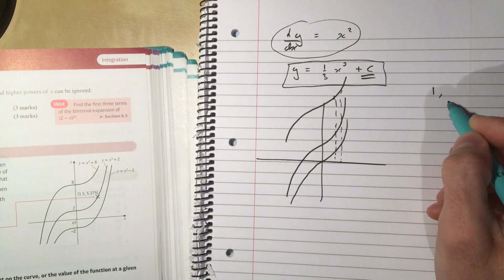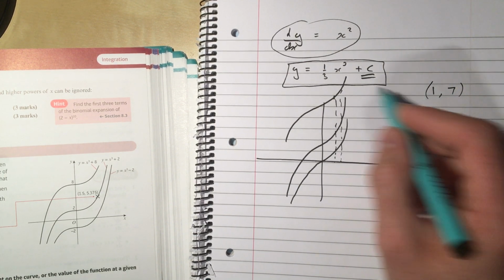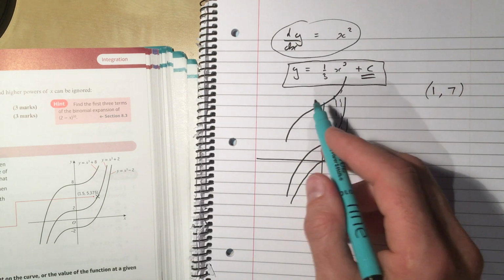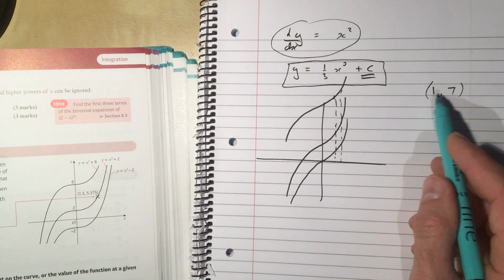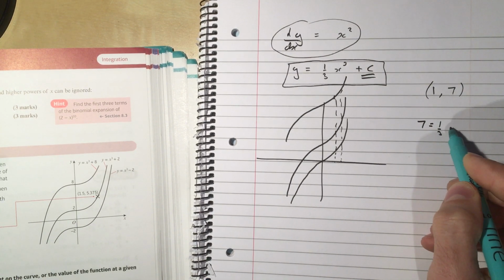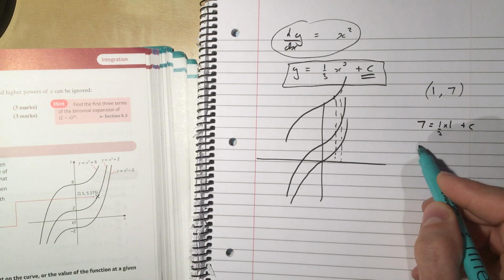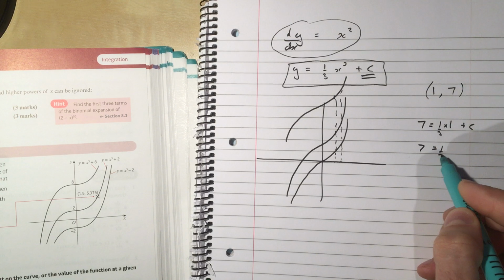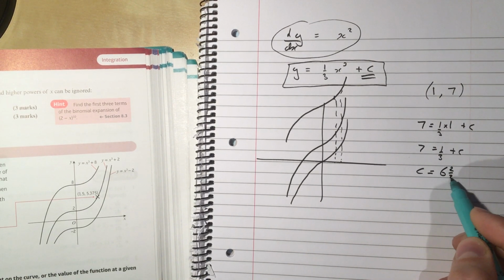So if I said (1, 7) was on this curve, then you could say, right, when x is 1, y is 7. So let's substitute the 7 in for y. 1/3 times 1 cubed, well, 1 cubed is 1, so 1/3 times 1 plus c. So 7 equals 1/3 plus c, so c must be 6 2/3.